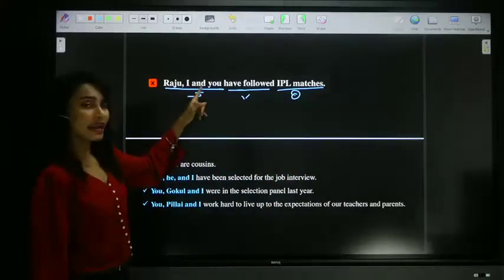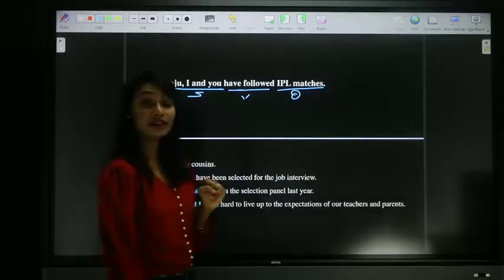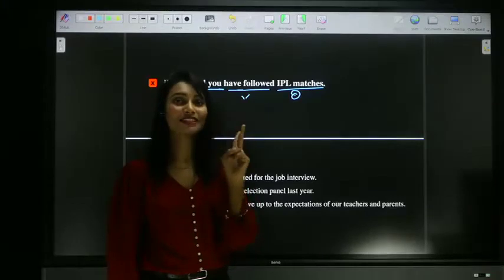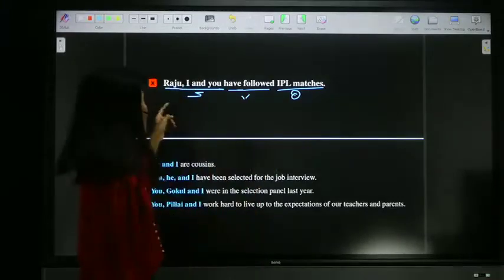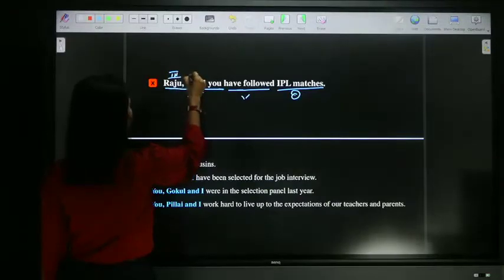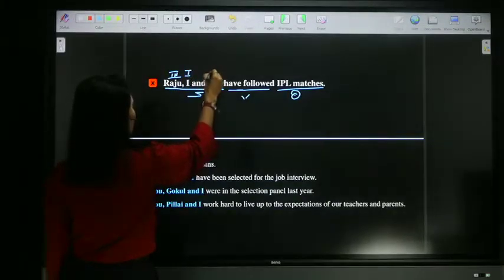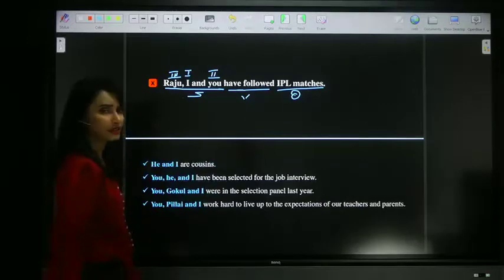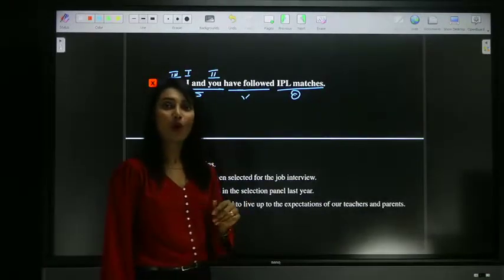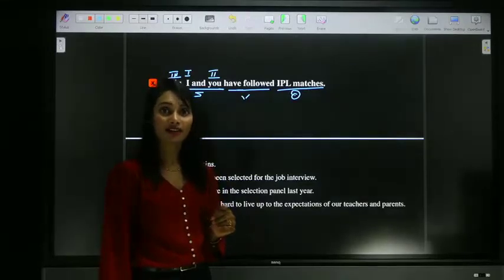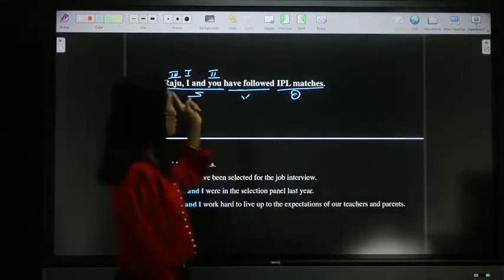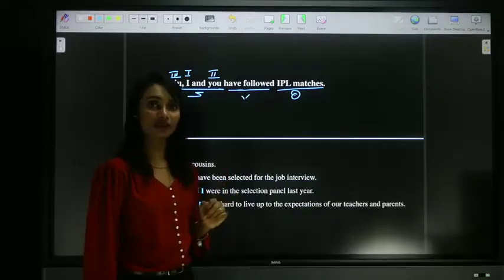Raju, I, and you. You can see here, there are three persons in a single sentence. We have first person, second person, third person, right? Raju, third person. I, first person. You, second person. So, if all the three persons are used in a sentence, what should be the order of their usage?